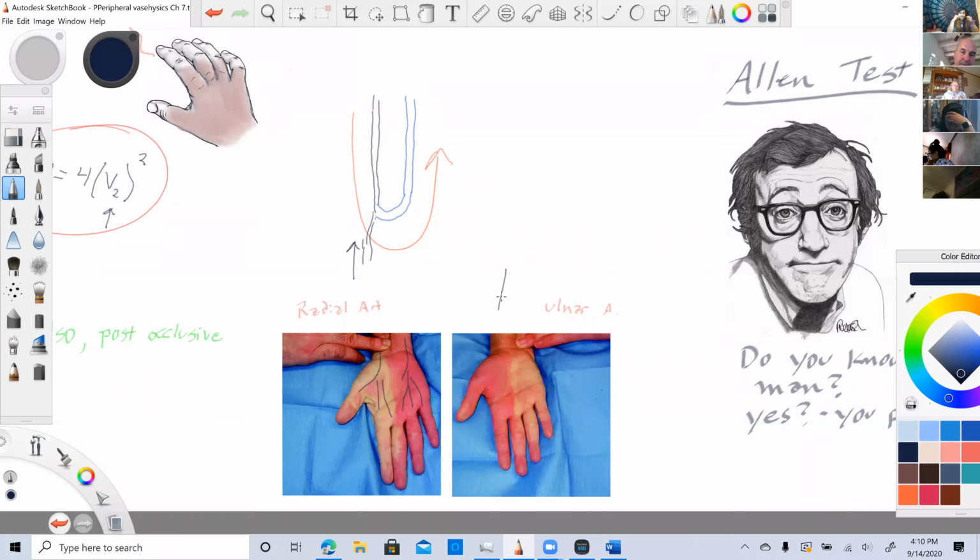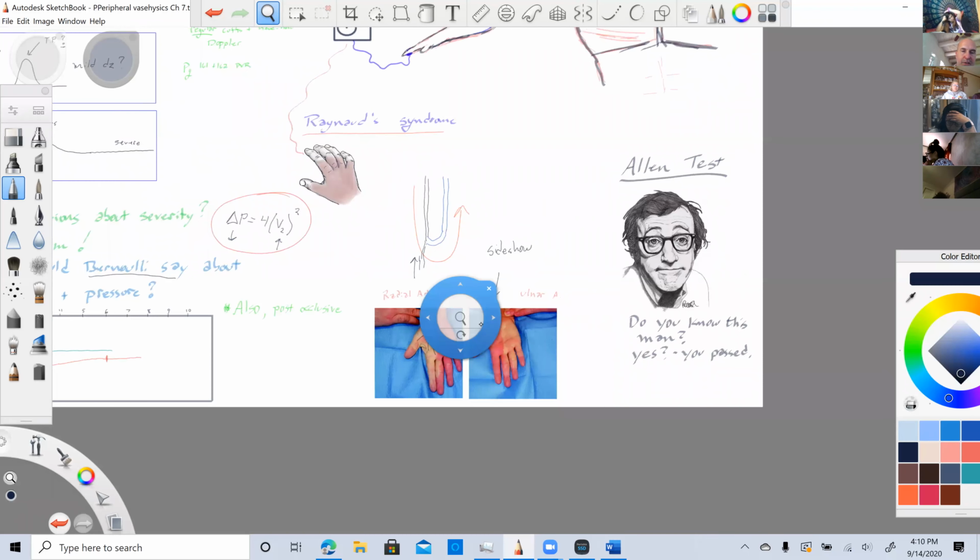Truth be told, this particular test is a sideshow. You would do something similar to this, except you would use PPGs. It's more accurate, more reproducible, and it's something you could actually take a picture of and put into your report rather than trying to take a picture of a person's hand like that. So this is a bit of a sideshow.